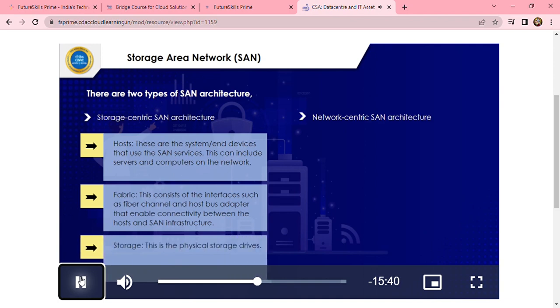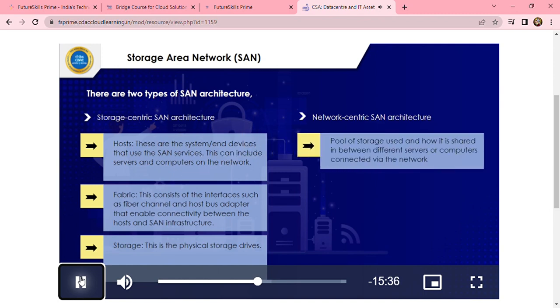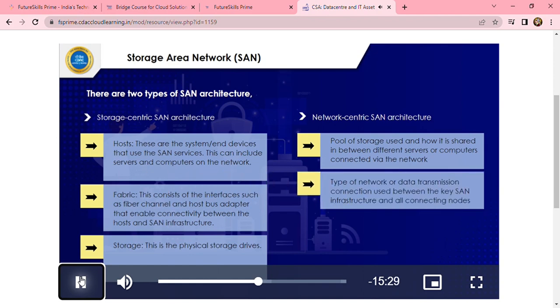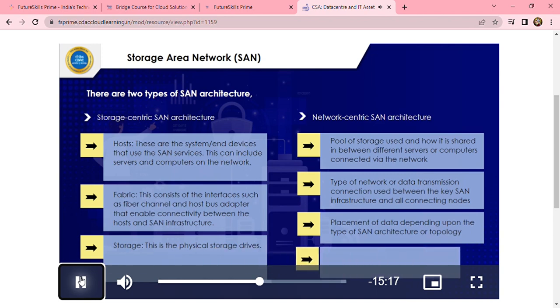Typically SAN architecture defines the pool of storage used and how it is shared between different servers or computers connected via the network, the type of network or data transmission connection used between the key SAN infrastructure and all connecting nodes, the placement of data depending upon the type of SAN architecture or topology, and the type of SAN topology being used.